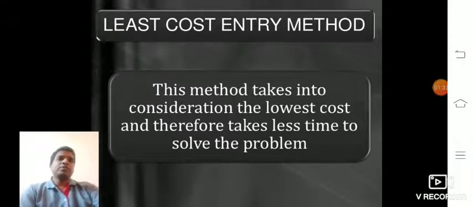In the northwest corner method, we start the allocation process with the northwest corner cell. But here in the least cost entry method, we start the allocation process with the cell having the lowest cost in the matrix.